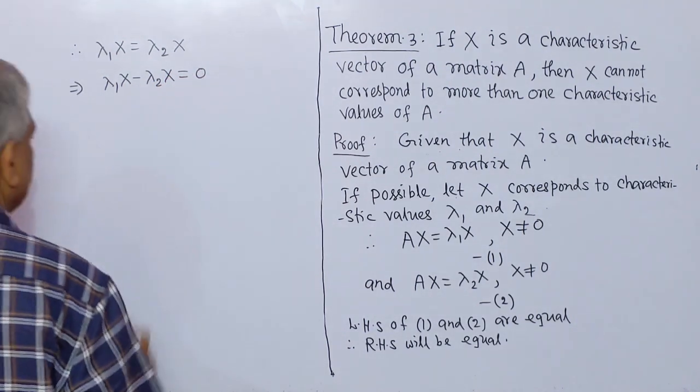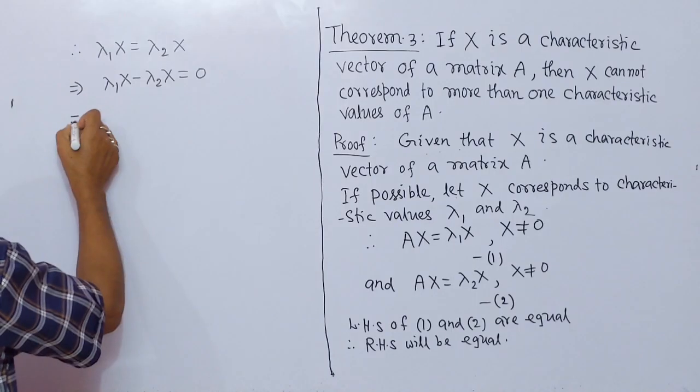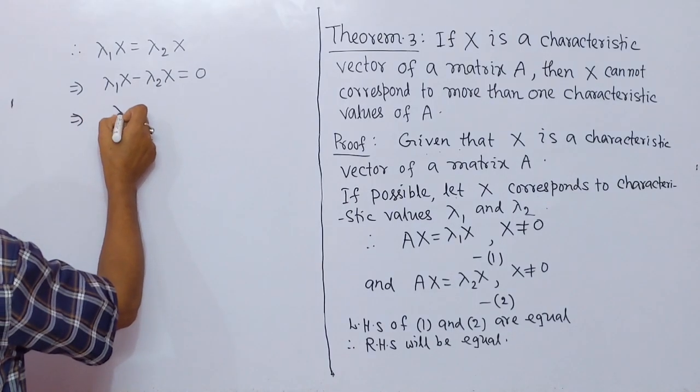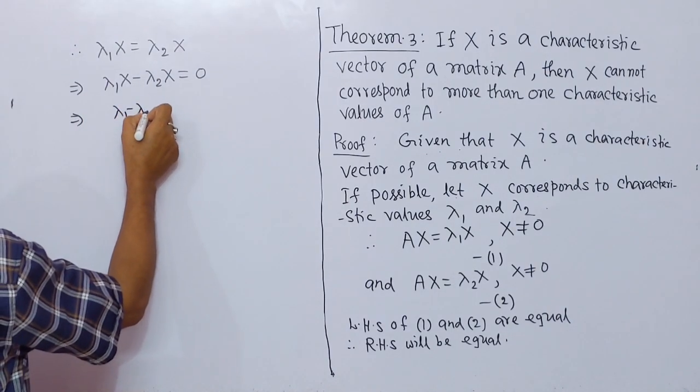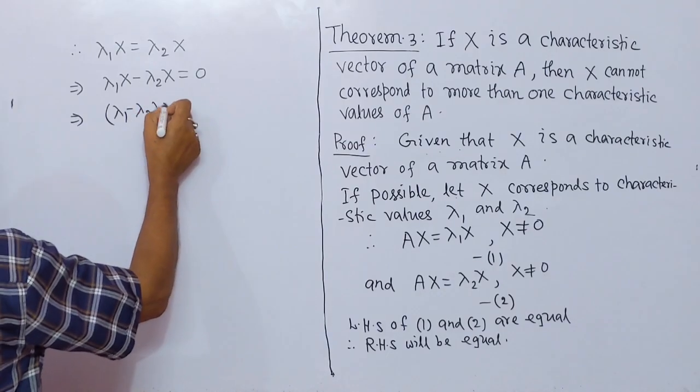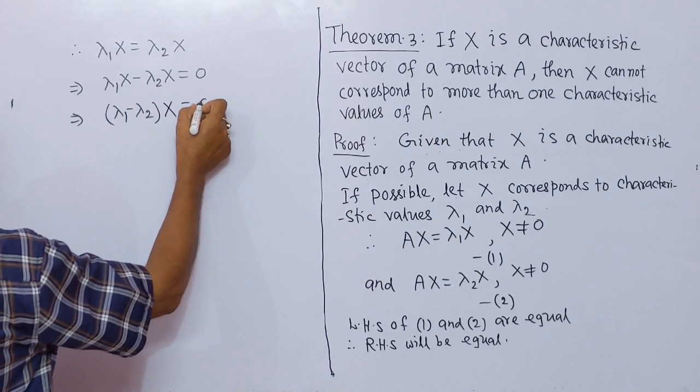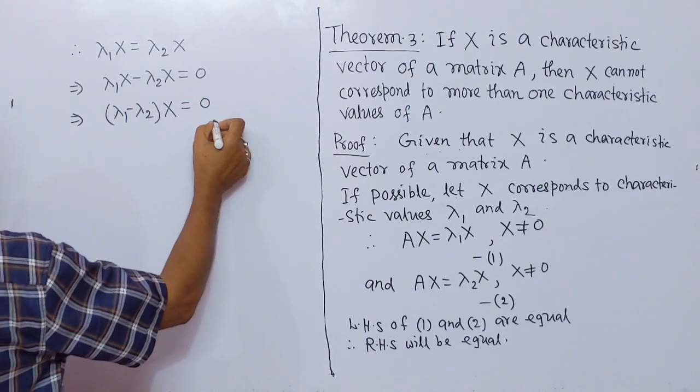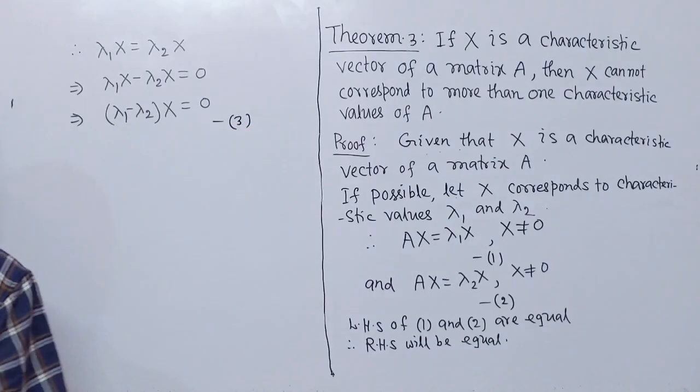This is the 0 vector. Implies that (lambda 1 minus lambda 2) x equal to 0. This is number 3.